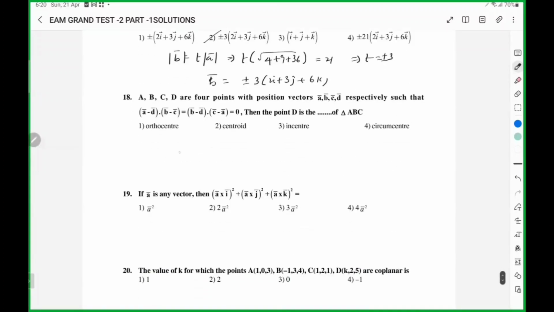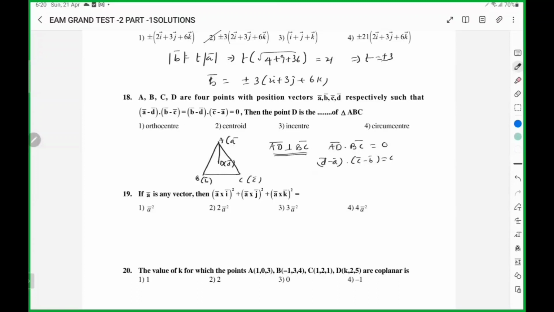So here A, B, C, D are points. D bar is here. Then AD is perpendicular to BC. AD dot BC, that is D minus A dot C minus B equals 0, means AD is perpendicular to BC.